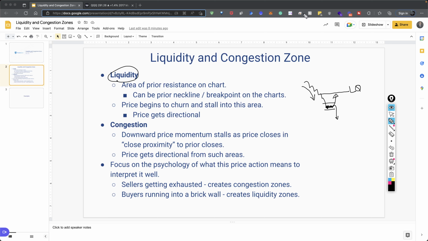I hope that makes sense. Again, I want to emphasize that the best congestion zones are when we sell off and then build out this area caused by exhaustion of sellers. I apologize, my pen isn't working too well today, so what I'm writing doesn't look too good.